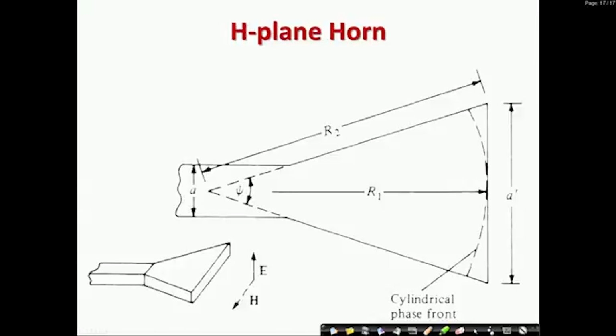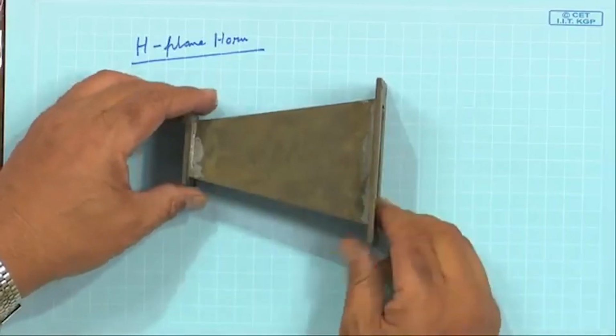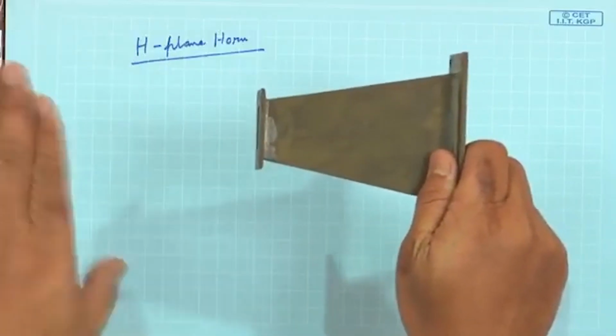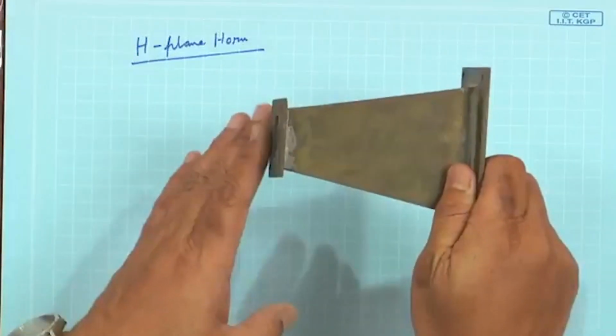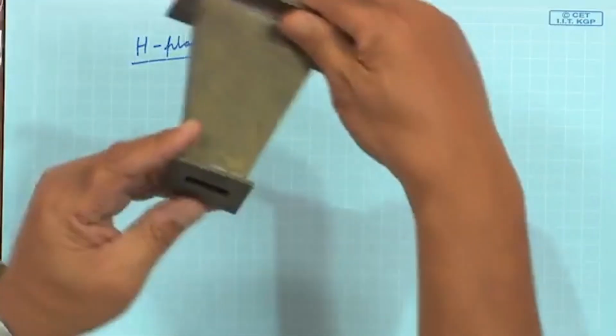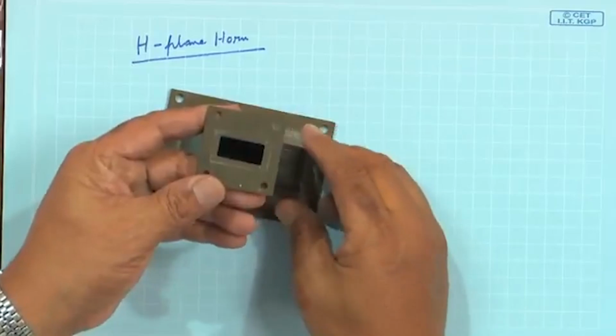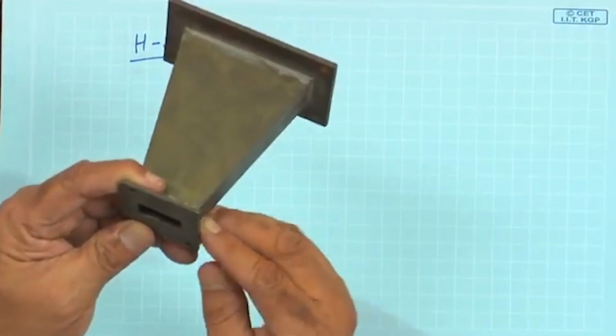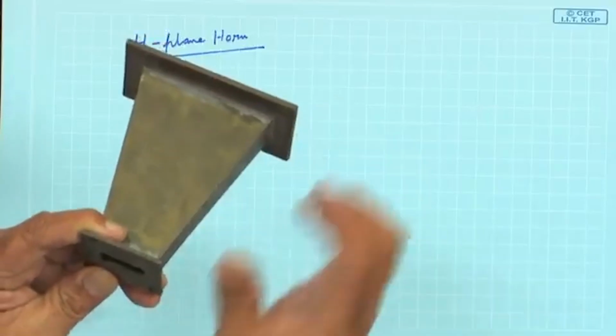So, here I show you a real H plane horn. You see the rectangular waveguide gets connected here. So, this side is a rectangular waveguide structure, and you are saying that the H plane is getting flared.